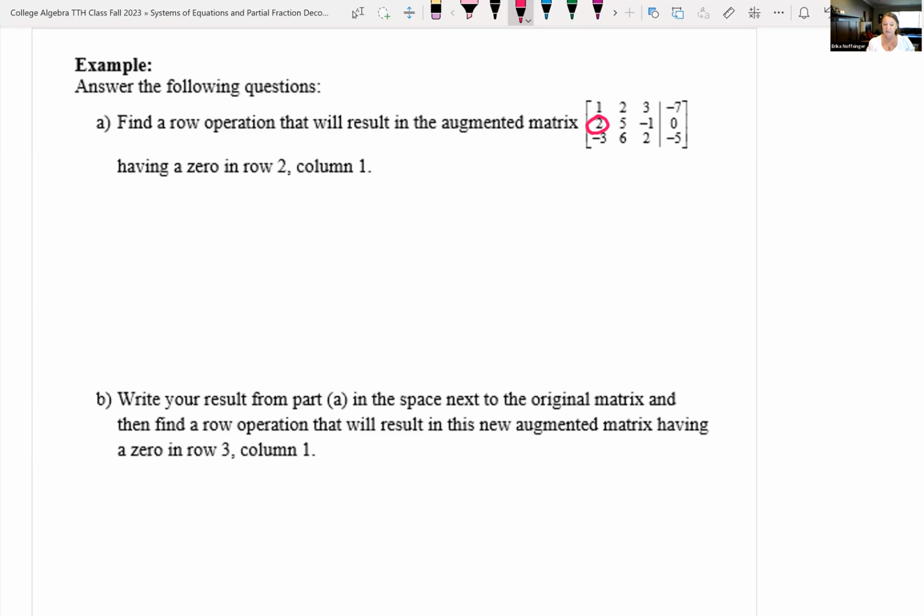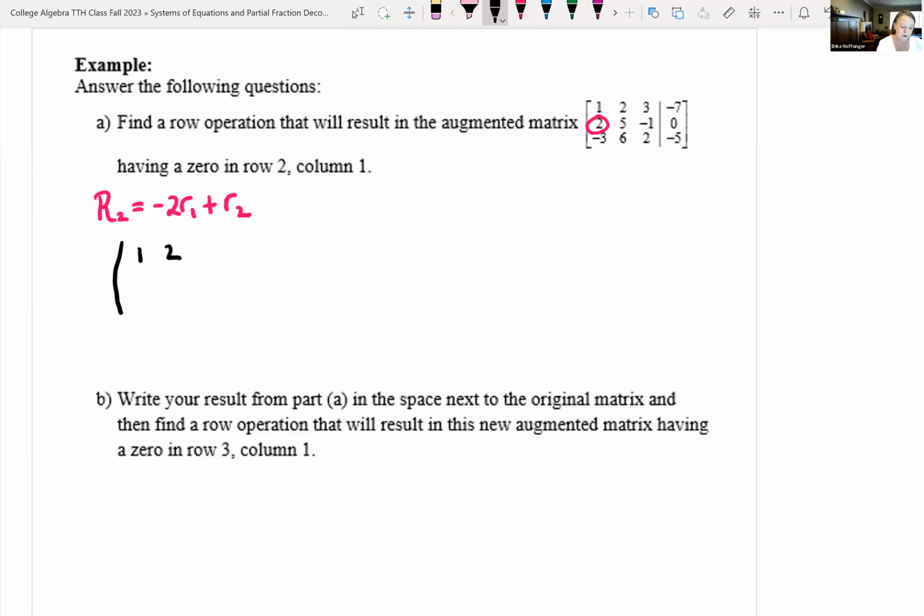And so I'm going to use that first row to manipulate it. And I know that -2 plus 2 is 0. So my new row 2 equals -2 times my row 1, and then I'm going to sum it to my row 2. So I'm really keeping row 1 the same. I'm just using it to manipulate row 2.